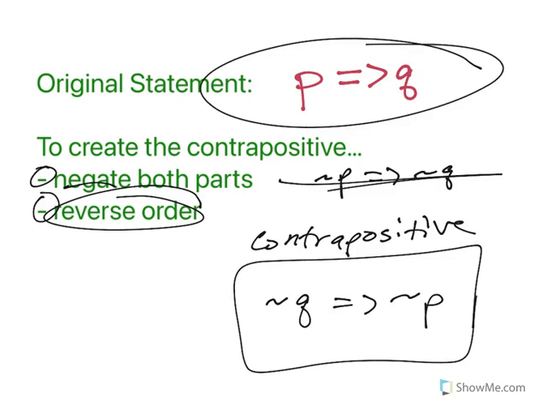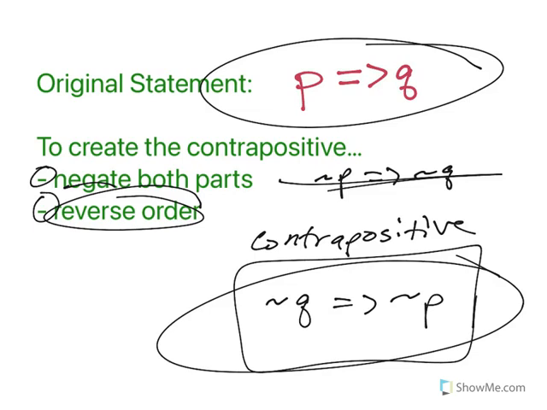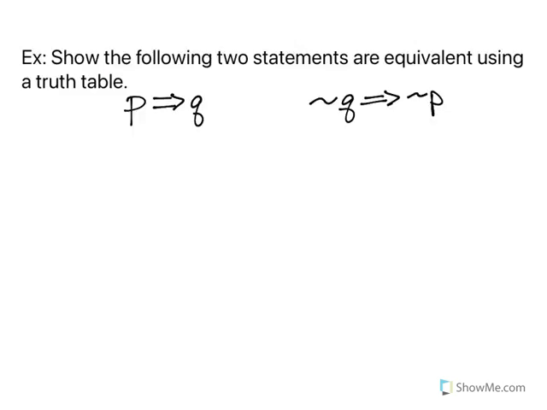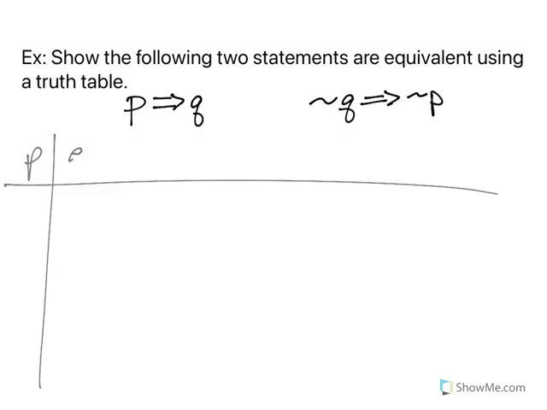So we're saying if P then Q is logically equivalent to if not Q, then not P. Let's show that these are equivalent using a truth table. We have P and Q, which means we're going to have 4 lines: true, true, false, false, true, false, true, false.